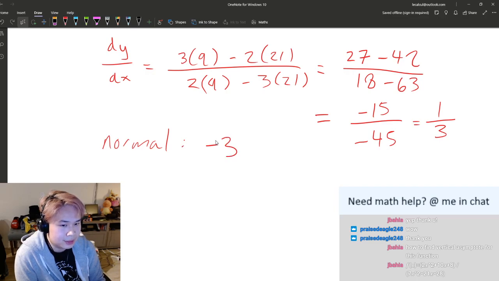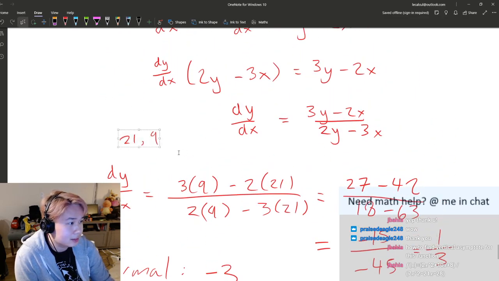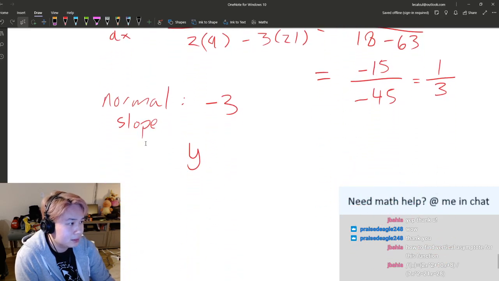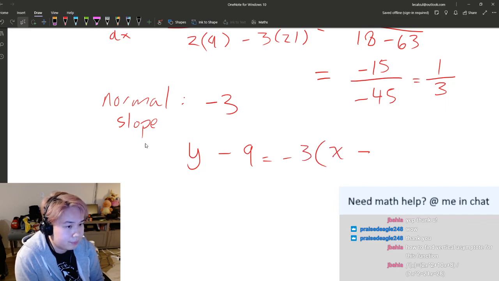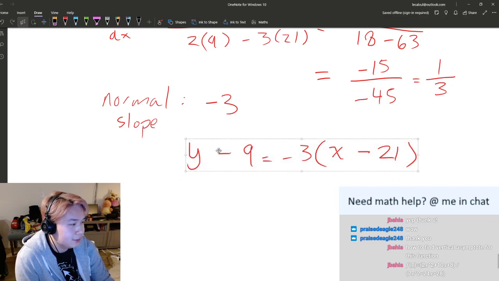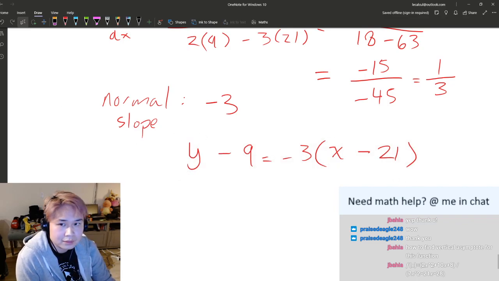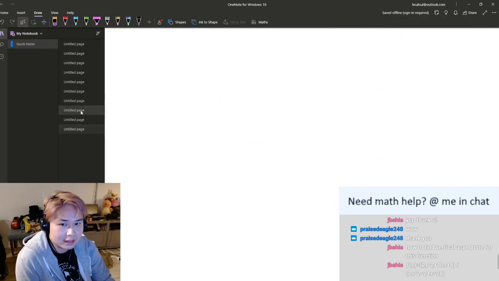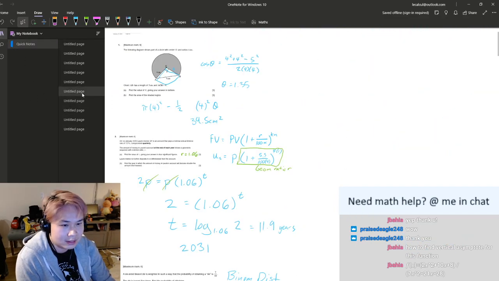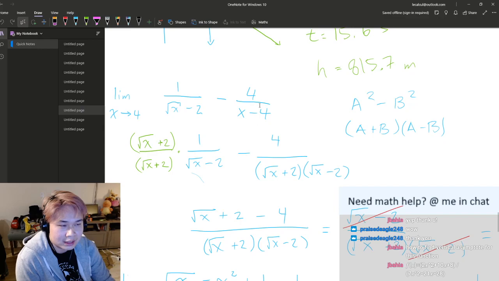So the normal slope is negative 3. And then we know that it shares the same point. So we're going to use this in our point slope formula. So here is the formula for the normal. All right. Now, time to go back and answer some more homework questions.